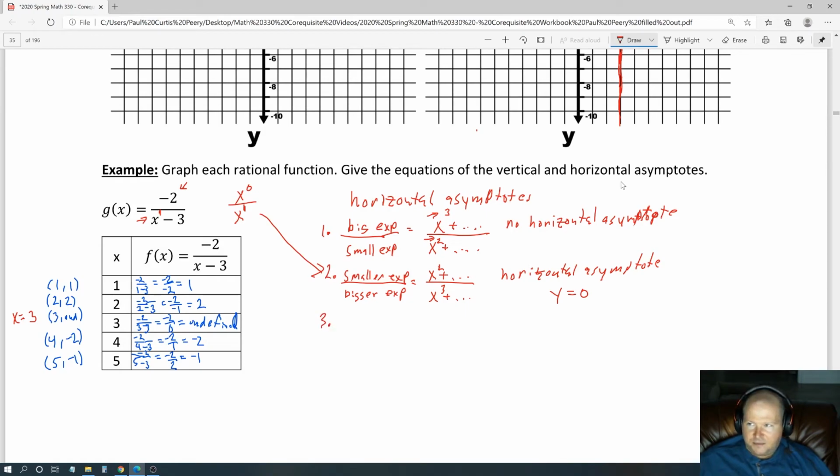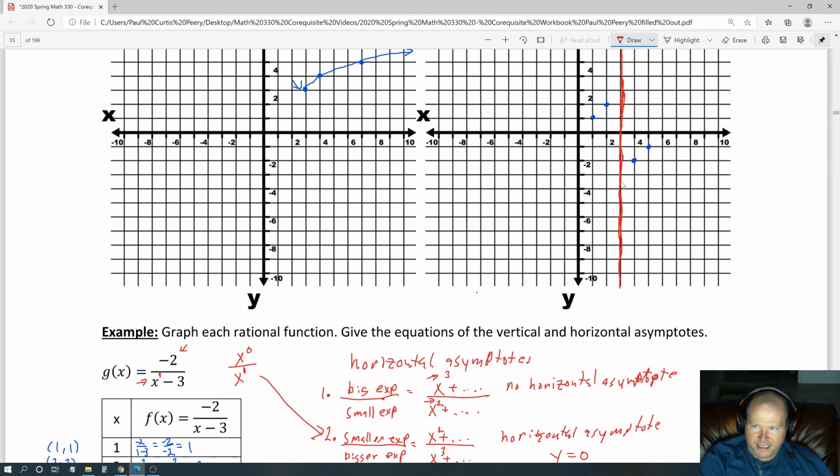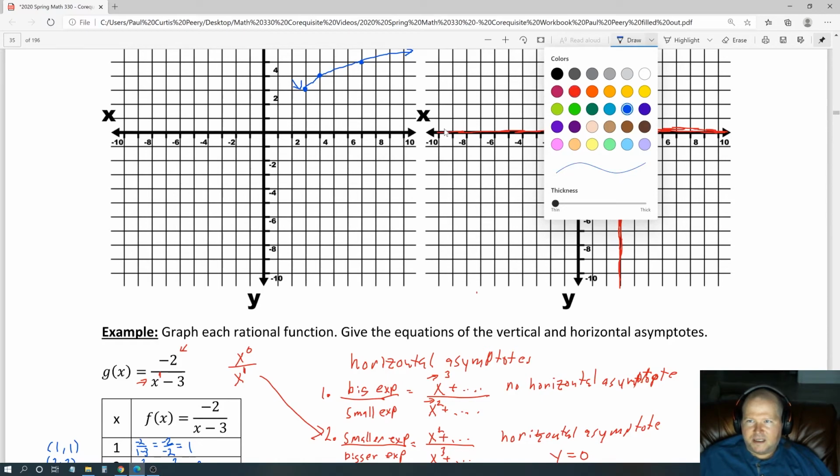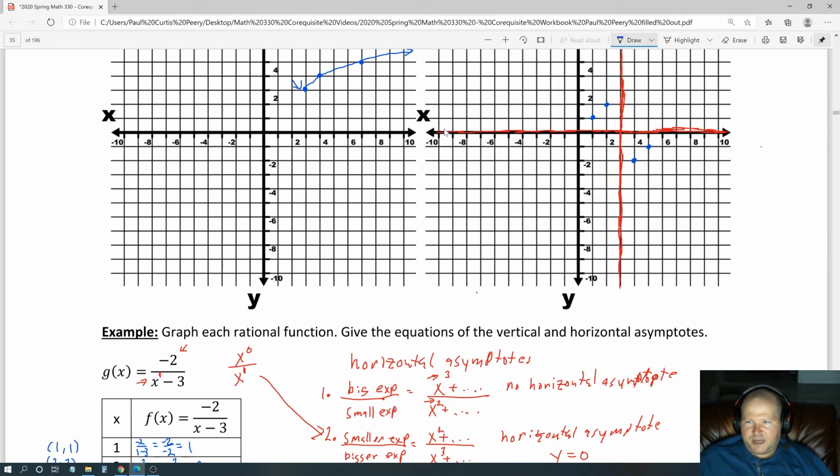Now in this case, if we scroll up just a little bit, we can actually see that it kind of looks like that makes sense. So for instance, right along here, given that theory, sure enough, there is a horizontal asymptote. I can actually go back and finish drawing these. We didn't do this, but I know this graph is going to approach but never pass that line right there.